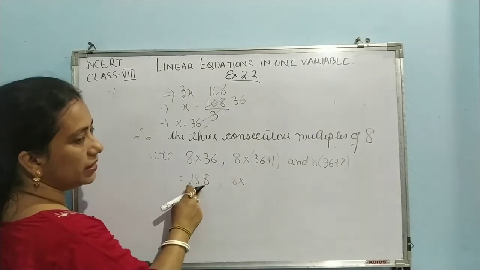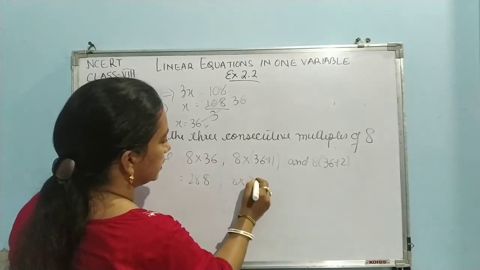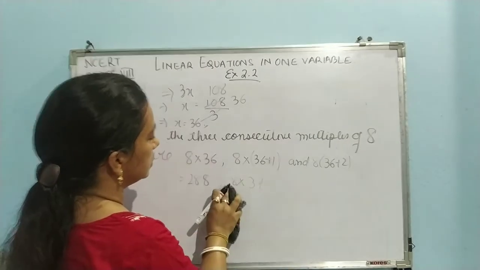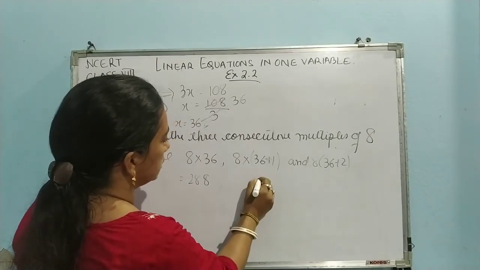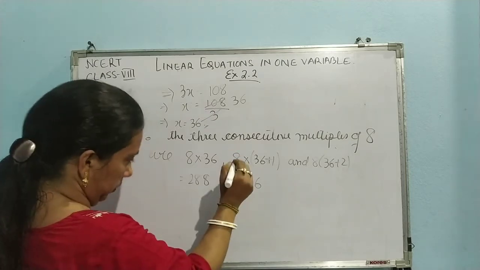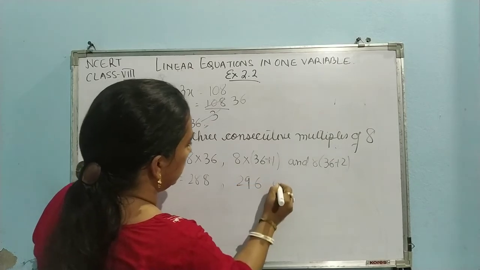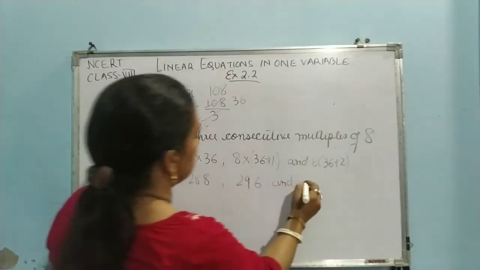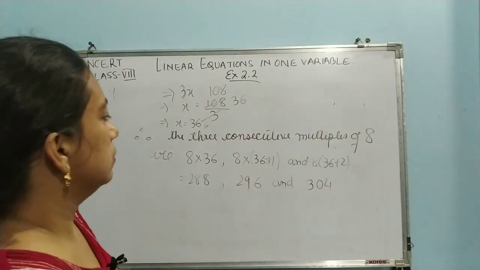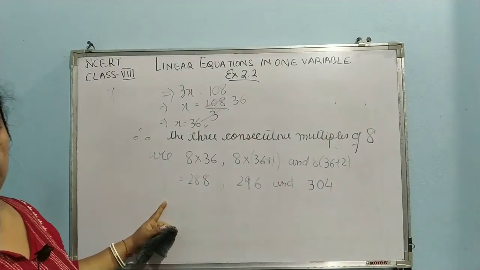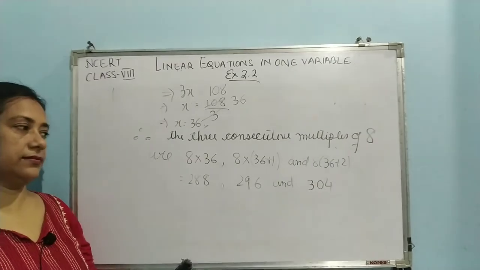So the next one, if you just add 8 with this one, you are going to get the next one, 8 into 37, we can just calculate it directly. 8 into 37, 296, and 304, I think. So we got all the three consecutive multiples of 8.